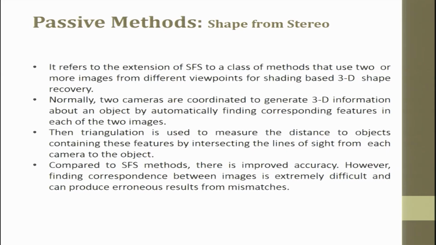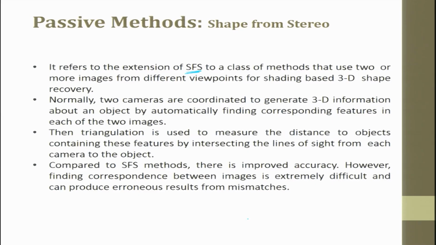Shape from stereo refers to the extension of SFS to a class of methods that use two or more images from different viewpoints for shading based 3D shape recovery. Normally, two cameras are coordinated to generate 3D information about an object by automatically finding corresponding features in each of the two images.